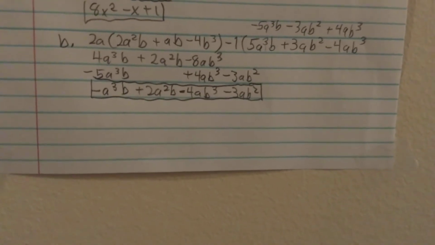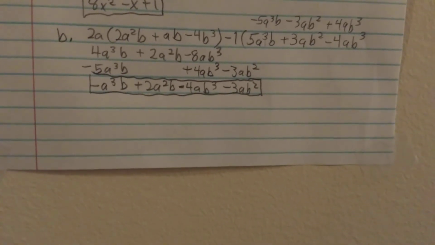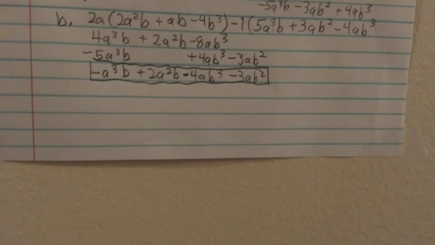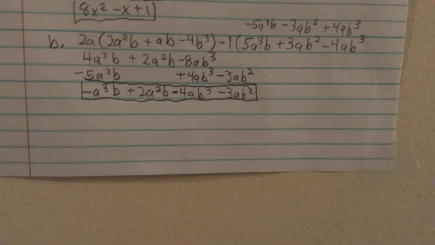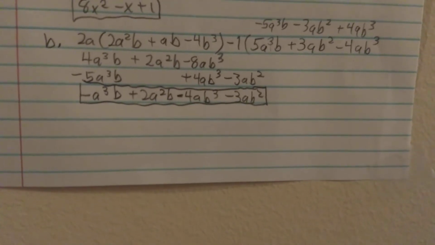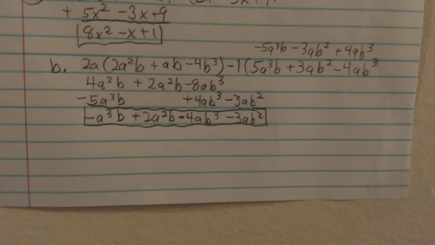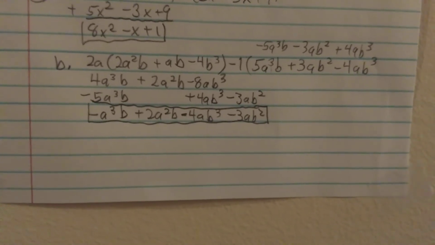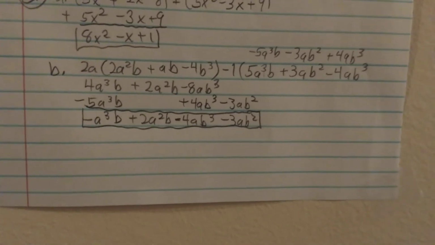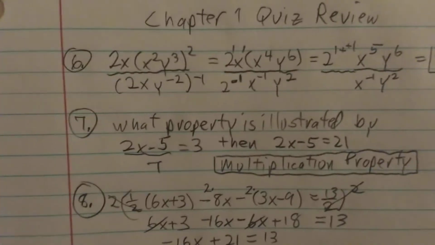Now the negative 8ab cubed plus 4ab cubed gives me a negative 4 for that same term ab cubed. And then I bring along the negative 3ab squared from the second trinomial. So the final answer is negative a cubed b plus 2a squared b minus 4ab cubed minus 3ab squared.